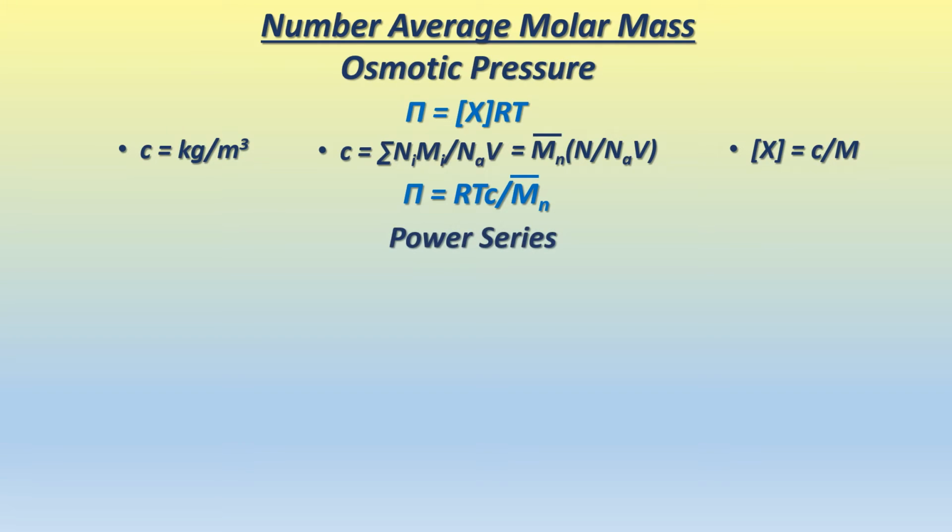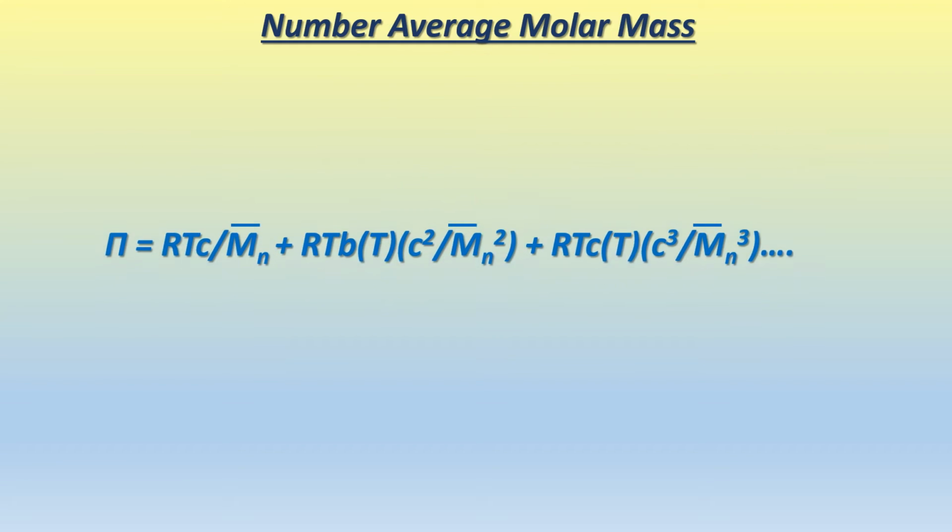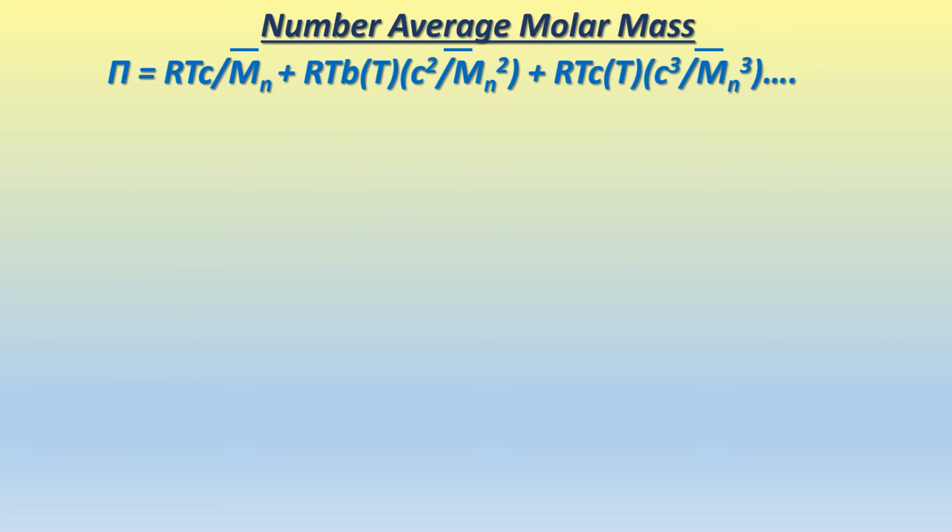In this case, one measurement is not possible to give an accurate result. It is generally expanded into a power series, where you have terms B, C, D as the variables get raised to the second, third, fourth power, and so on. In order to use this, various osmotic pressures at different concentrations are measured.